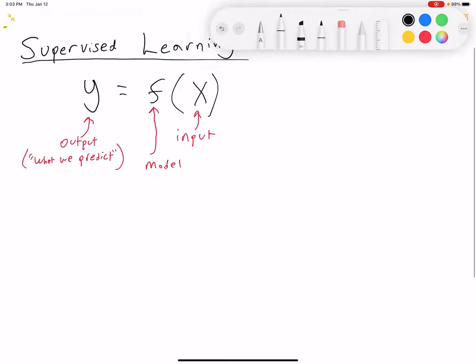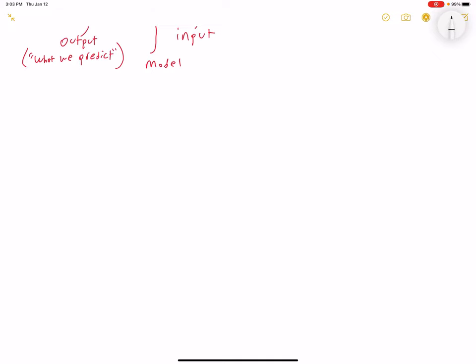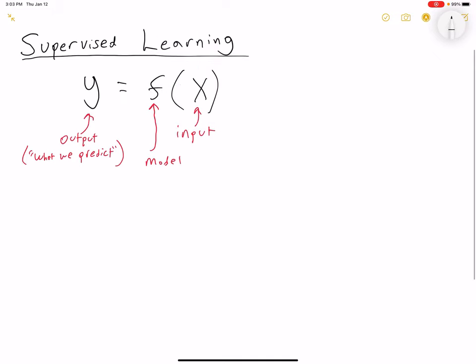So let's look at our first learning algorithm, which is called linear regression. And as is implied by the name, this is a regression algorithm. So that means it's predicting real numbers.